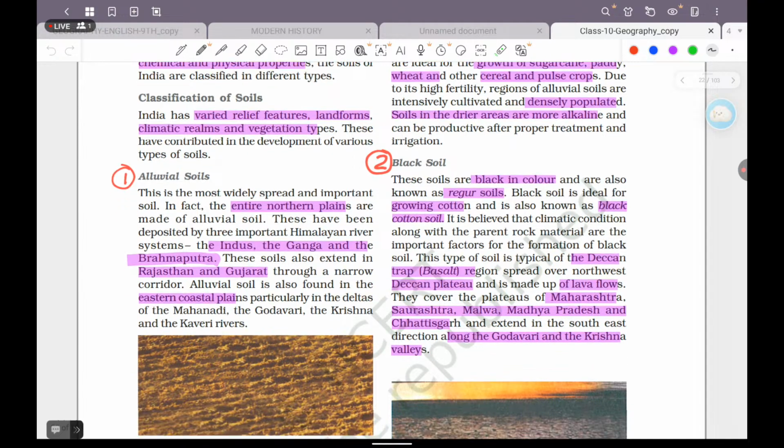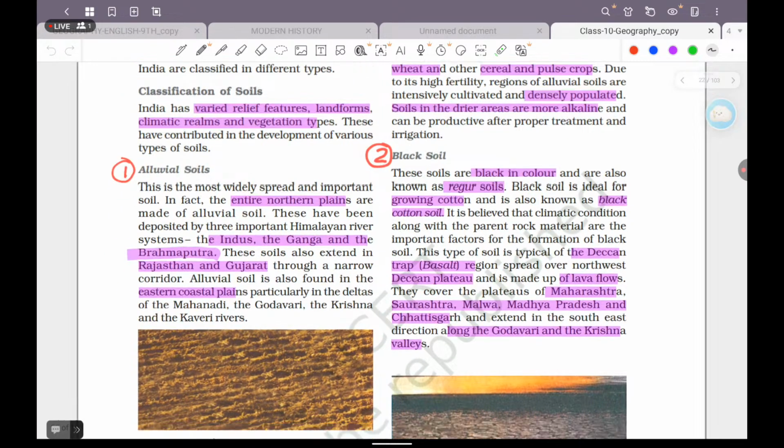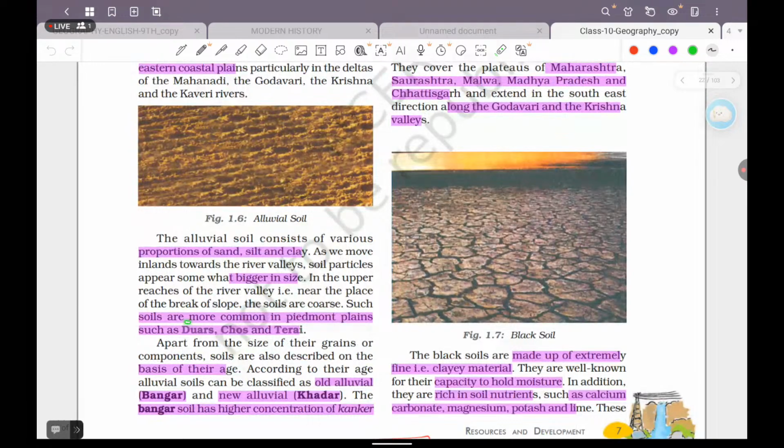They consist of sand, silt and clay, and are more common in the Piedmont plains like the Duar, Chaos and Terai region.